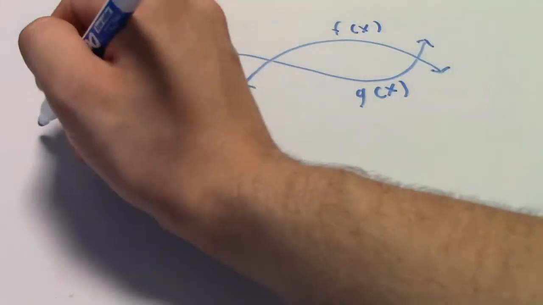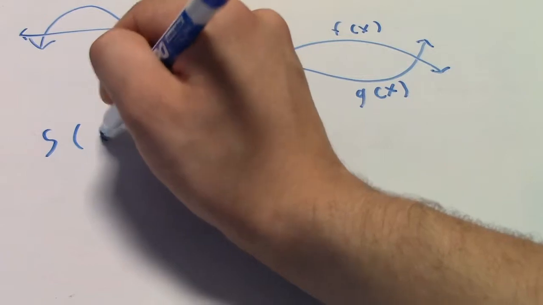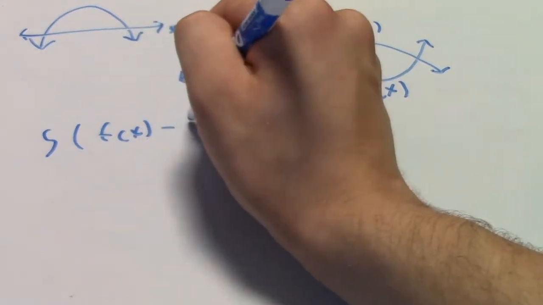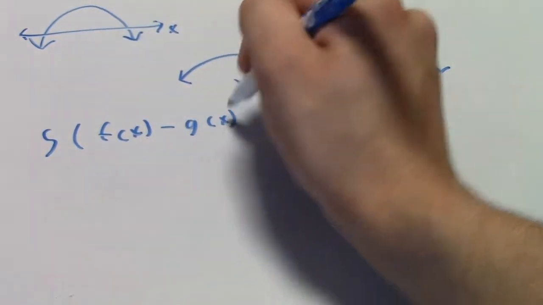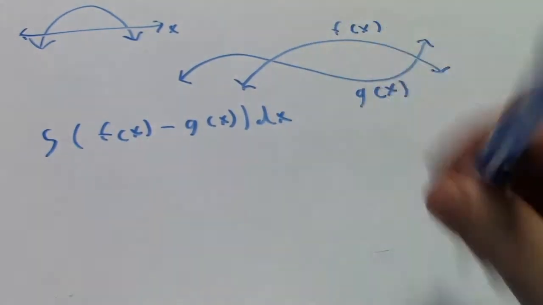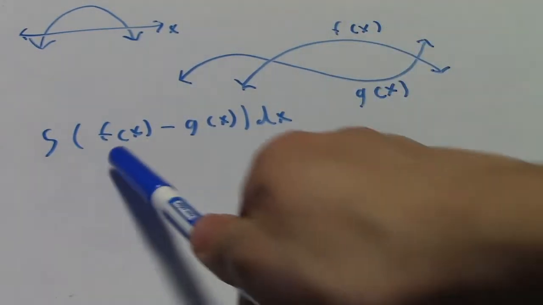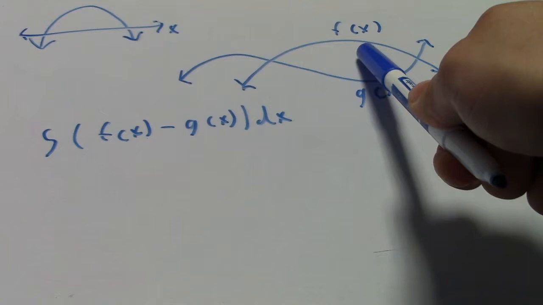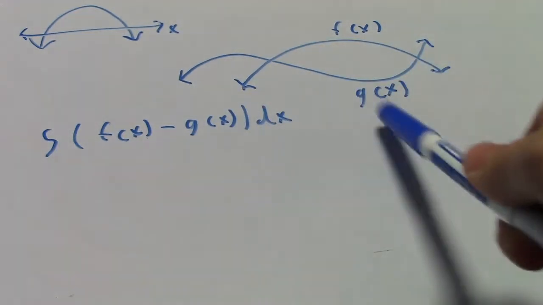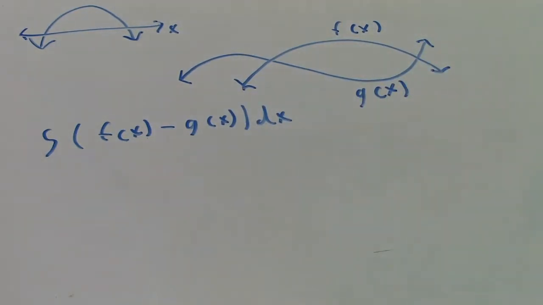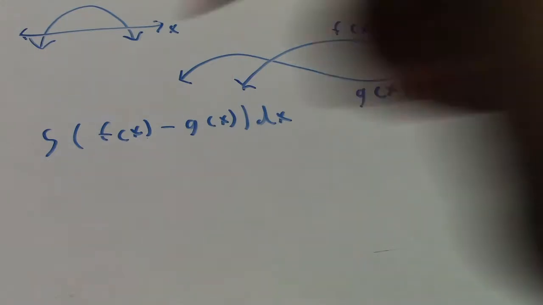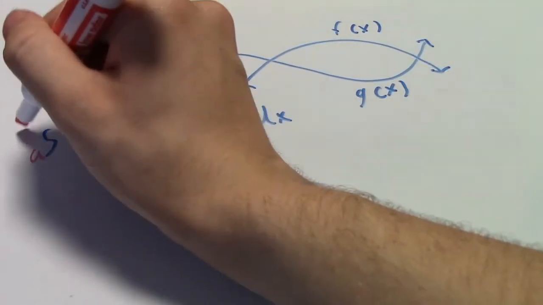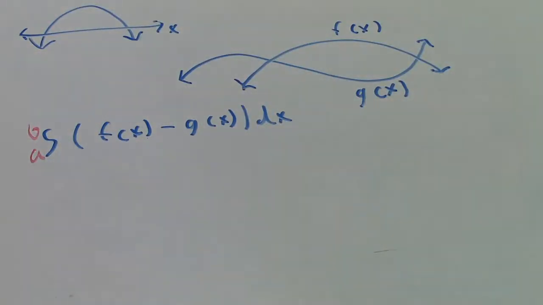Now, the way you do this is you would take the integral of f of x minus g of x with respect to x, where f of x is the equation of the upper curve and g of x is the equation of the lower curve. Because we are finding area, we need to have limits, because it's a definite integral.